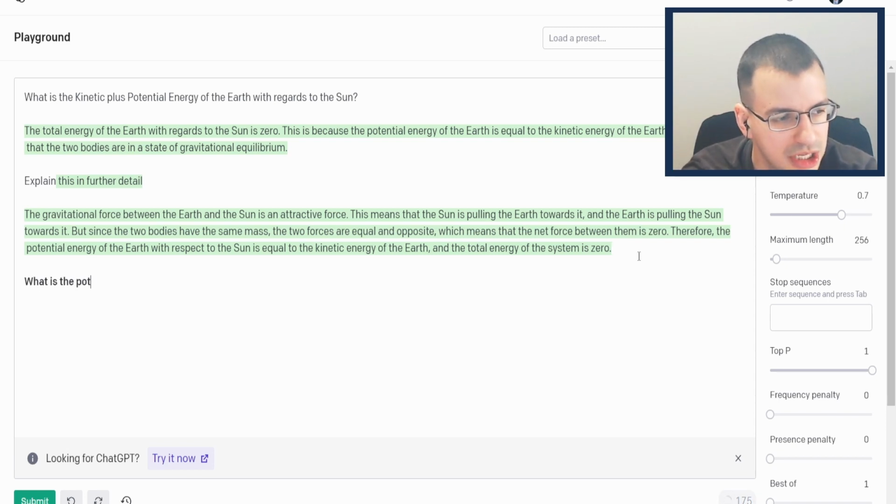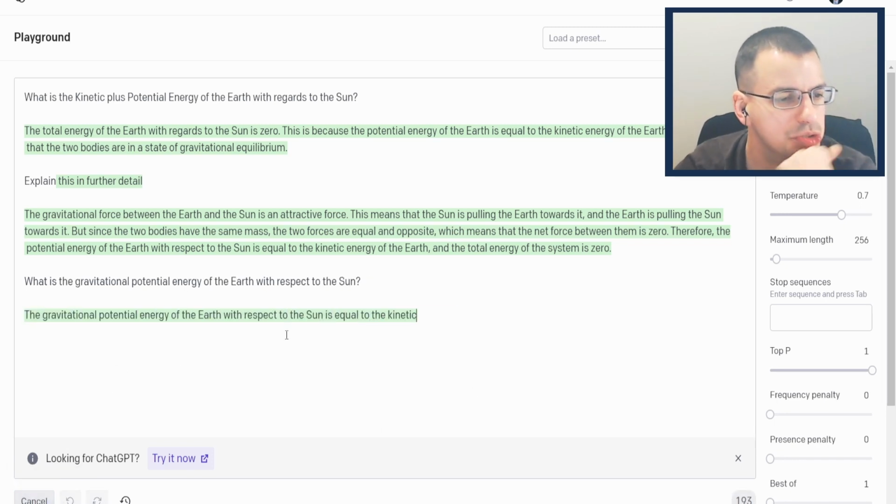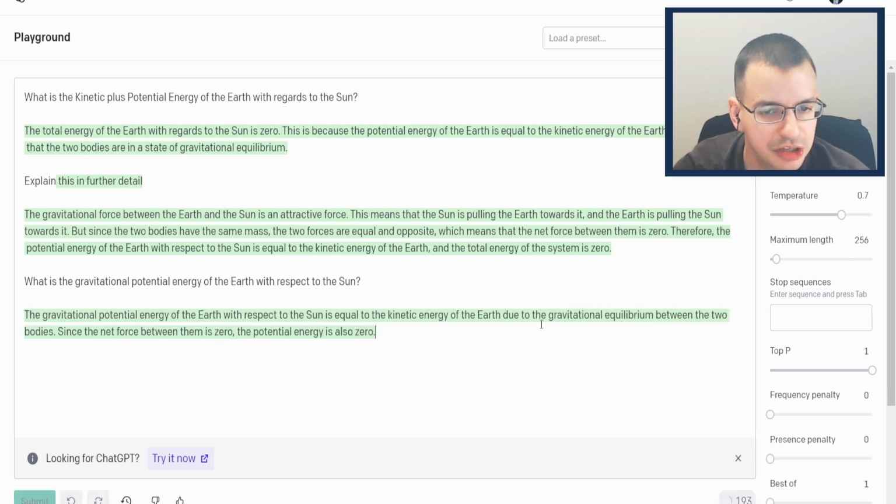What is the gravitational potential energy of the Earth with respect to the sun? The gravitational potential with respect to the sun is equal to the kinetic energy of the Earth, since the net force between them is 0.